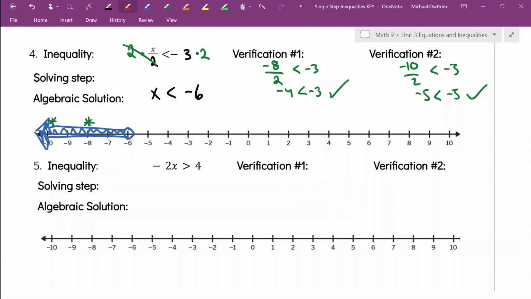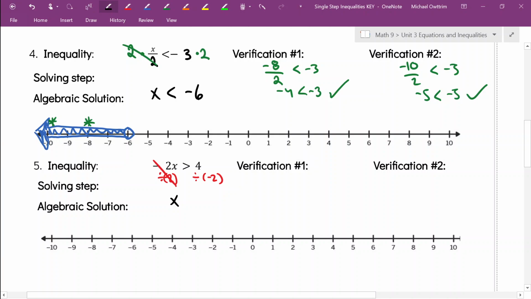Number 5, we have the inequality negative 2x is greater than 4. So to isolate that x, I need to undo the multiplication of it by that negative 2. So the opposite of multiplying by negative 2 is dividing. And we'll divide both sides by that negative 2. So we're going to get just x on the left side.